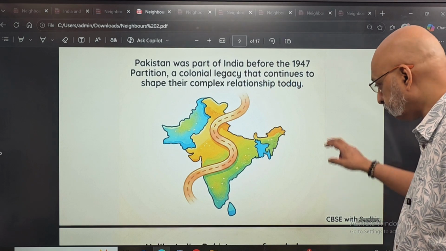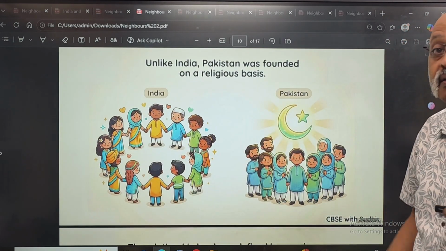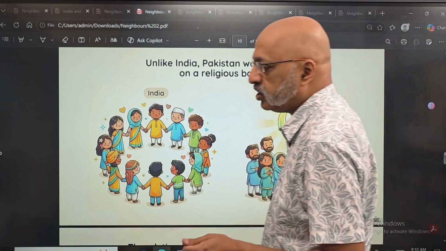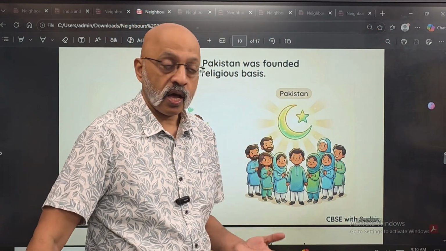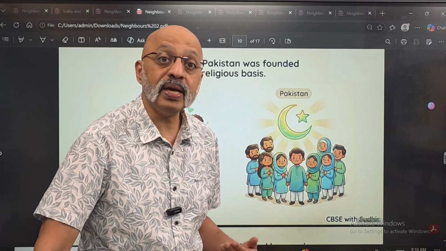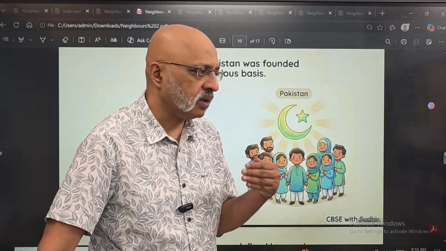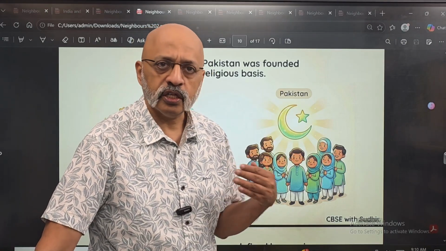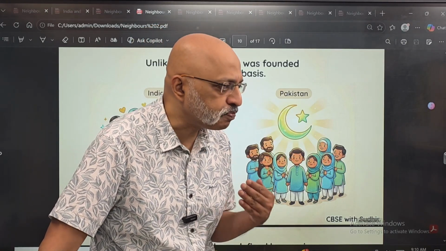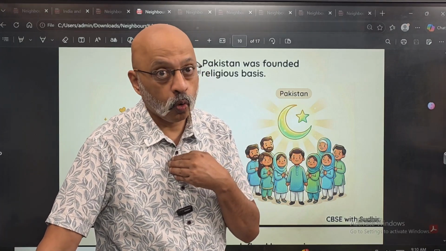So, unlike India, Pakistan was founded on a religious basis because Muhammad Ali Jinnah said that this will be a country for the Muslims, whereas India said that we are going to be a secular country. So, whether you are a Hindu, a Muslim, a Christian, a Sikh, a Jain, a Buddhist, a Jew, whoever you are, irrespective of your religion, India can be your home.